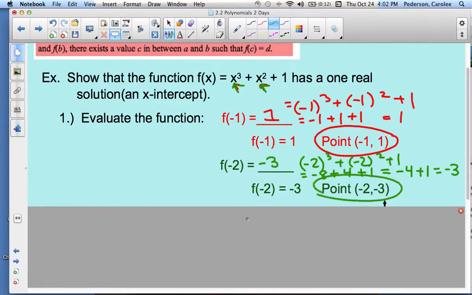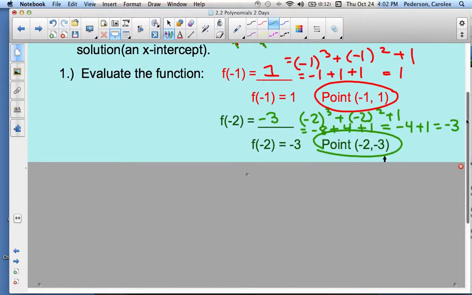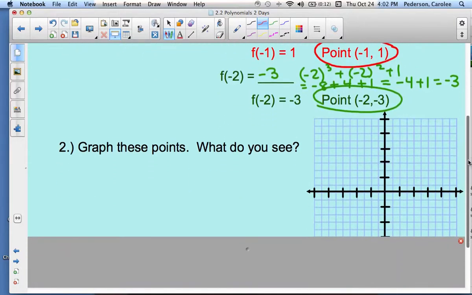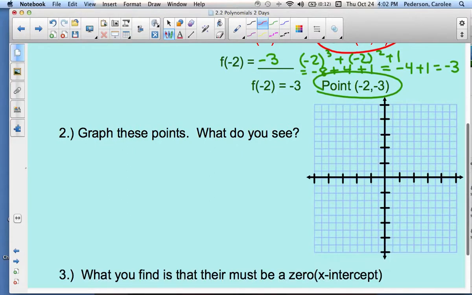So now let's take and graph these two ordered pairs. My first ordered pair is negative 1, positive 1. I'm going to just go by 2's here.